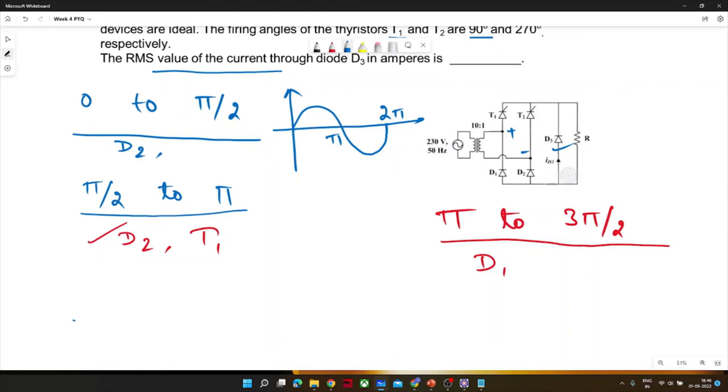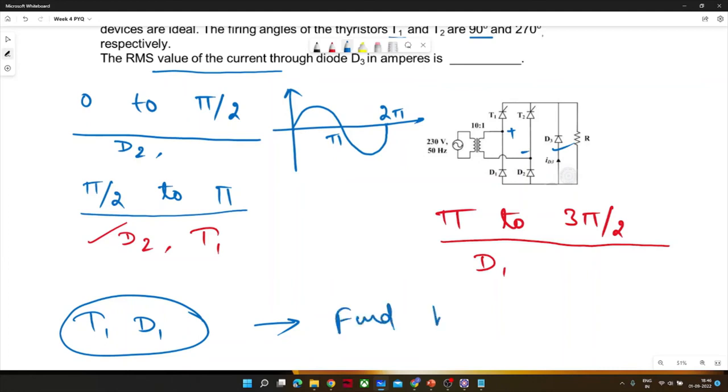So T1 and D2 would be forward biased. How D2? Because the D2 cathode is connected to the negative terminal of the supply from 0 to pi.